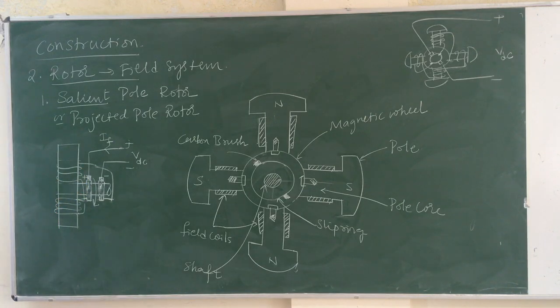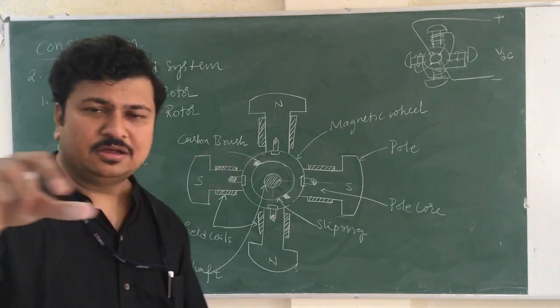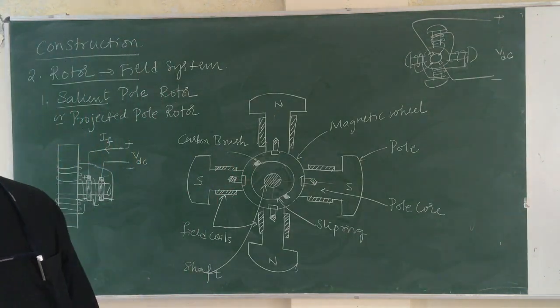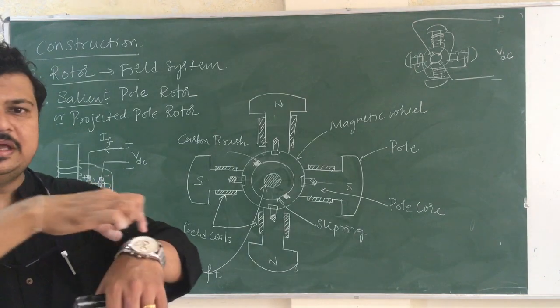Brushes are made up of carbon. Why? Because carbon is a soft material. That is the reason I don't make brushes using metallic materials. You might have used rheostats in your practicals. Whenever I slide the slider of the rheostat, you see the black part sliding on the wire.